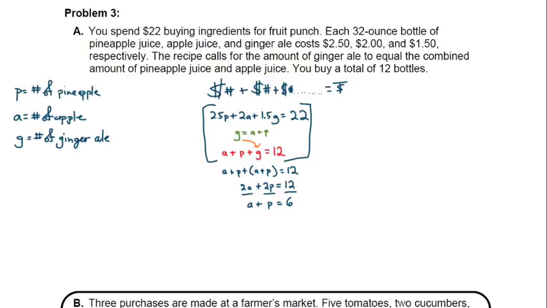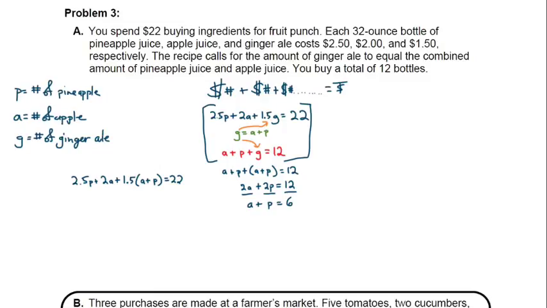So let's plug that into the first equation and get rid of the G up there. So that's 2.5P plus 2A plus 1.5G, which in this case G is simply A plus P, and then it equals a grand total of 22.